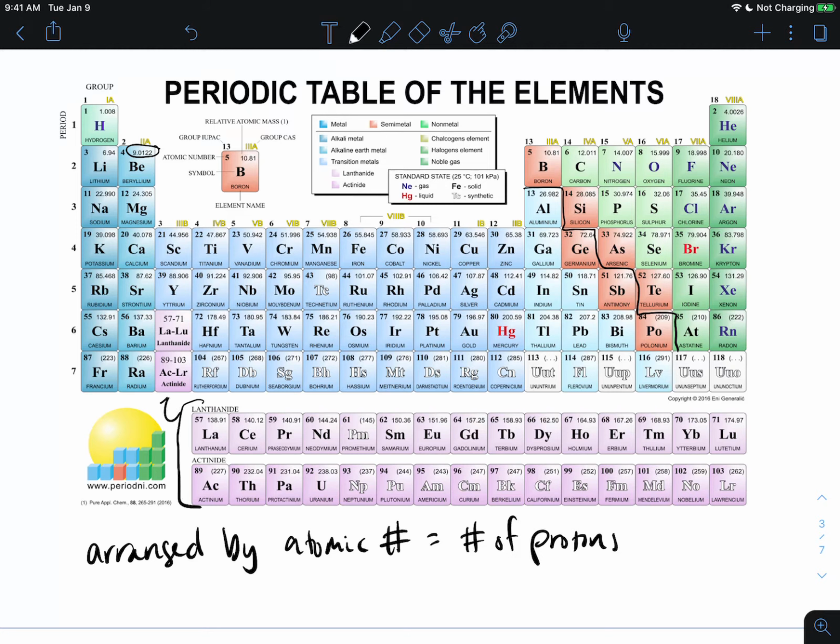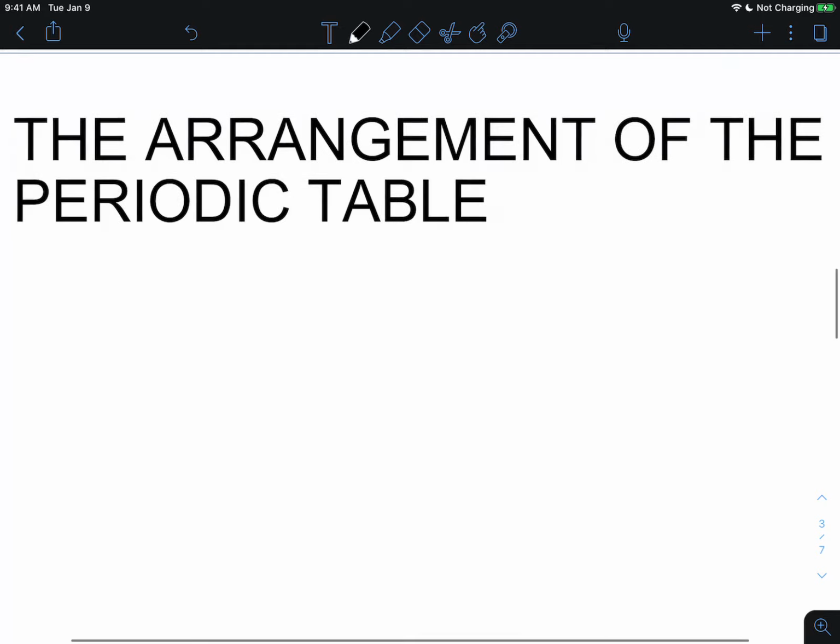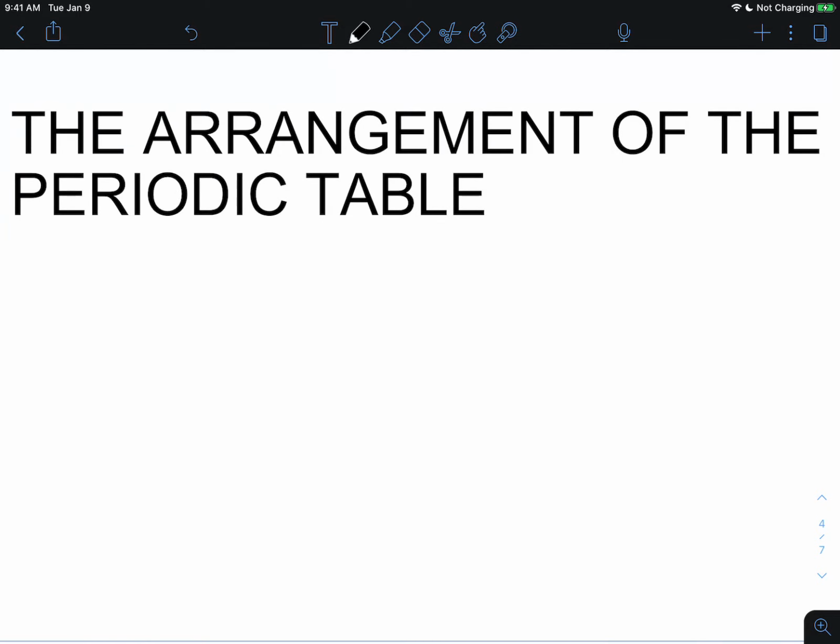These actually belong right there, but they're removed down to the bottom because if we were to keep them up at the top, that would make the periodic table very, very long. So they bring them down to the bottom so that the periodic table itself fits nicely onto a piece of paper.